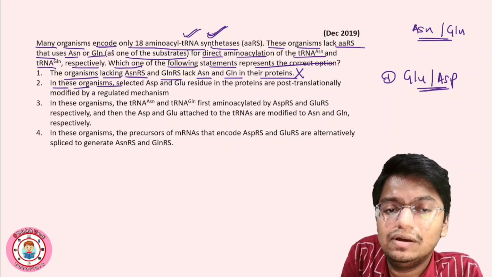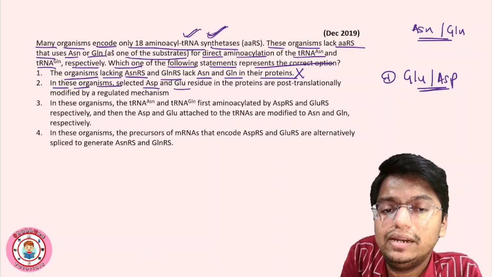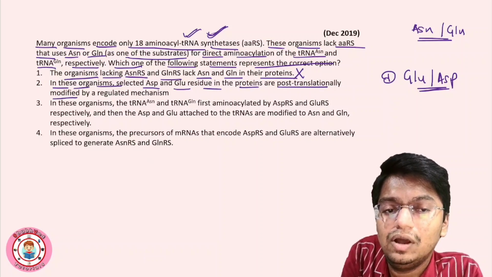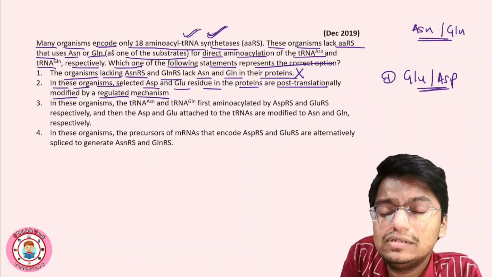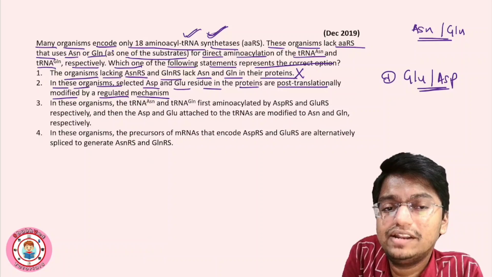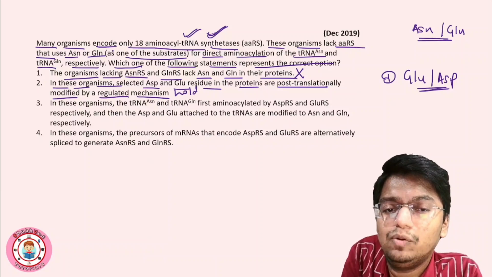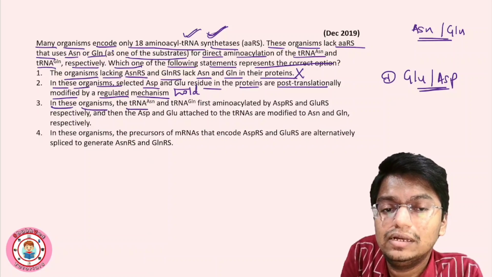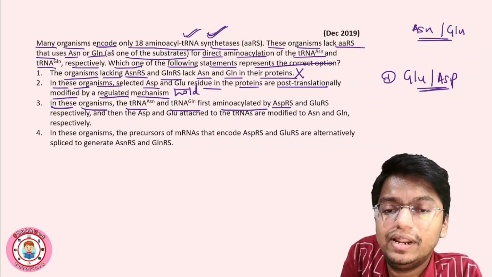In these organisms, selected aspartate and glutamate residues in the proteins are post-translationally modified by a regulated mechanism. Somewhat correct. Okay, this is partially correct, but let's keep it on hold. In these organisms, the tRNA asparagine and tRNA glutamine are first amino acylated by aspartate and glutamate.